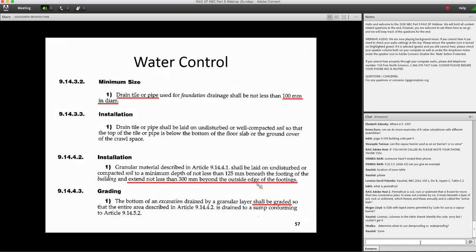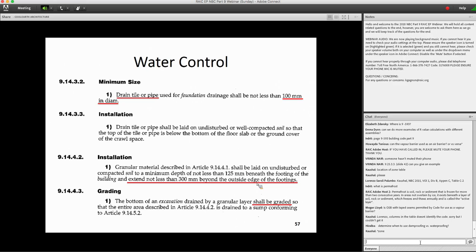We have a minimum size that the code tells you to use: a minimum of 4 inches, 100 millimeters diameter. For the installation, there's something important here: the granular material shall be laid on undisturbed or compact soil to a minimum depth of not less than 125 millimeters beneath the footing of the building.